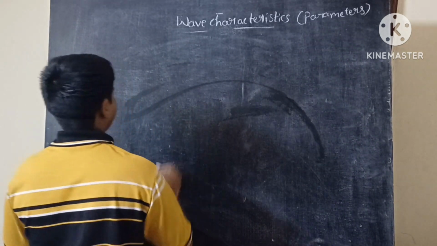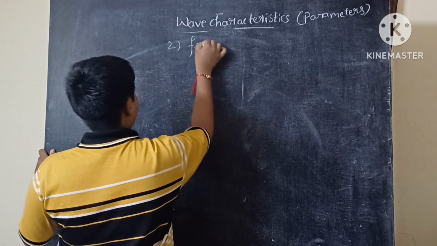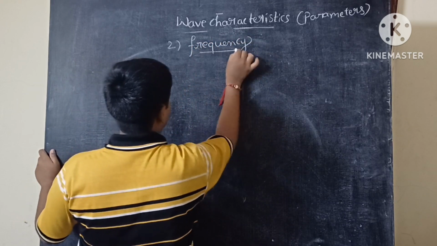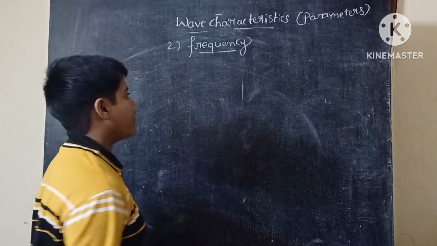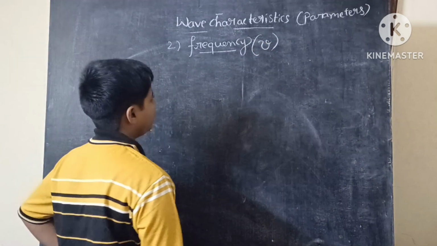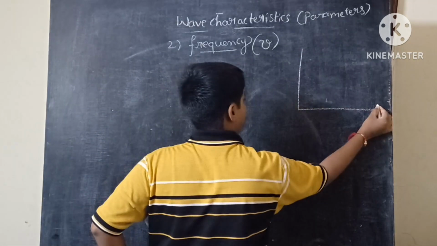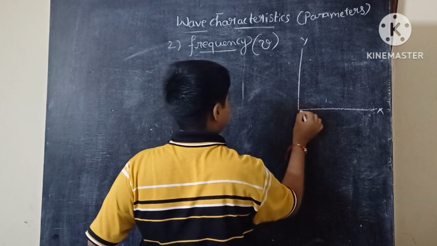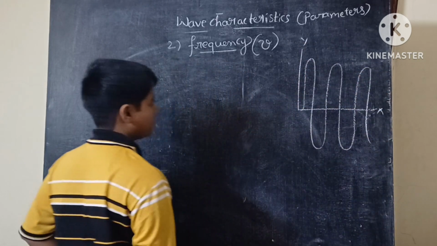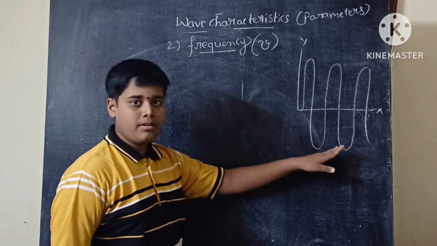The next parameter is frequency. Frequency is denoted by nu. Here, what does frequency mean? With the x-axis and y-axis, these are waves. Frequency means the number of waves formed or travelling in 1 second.